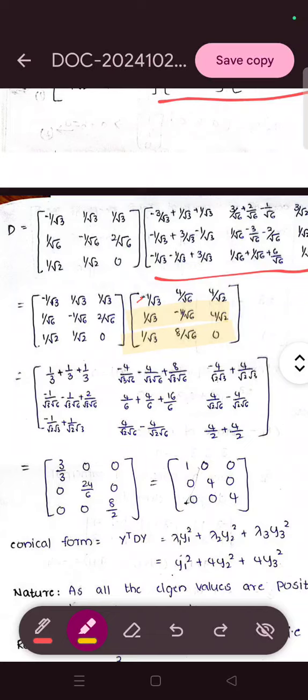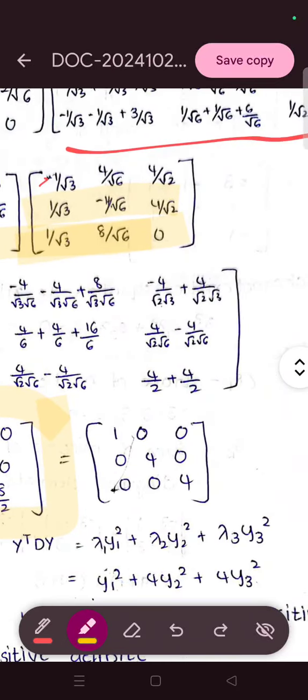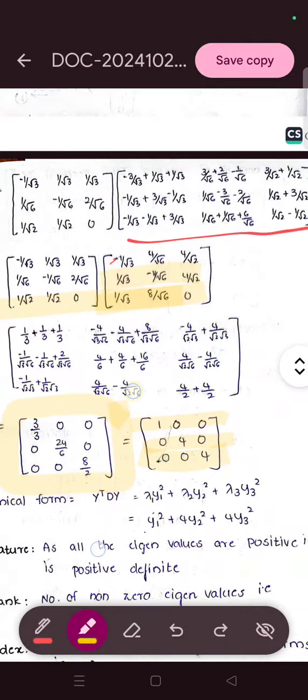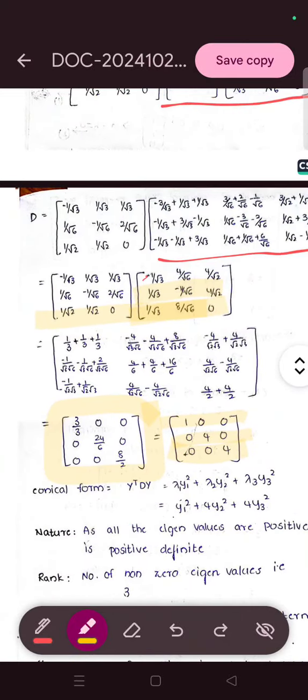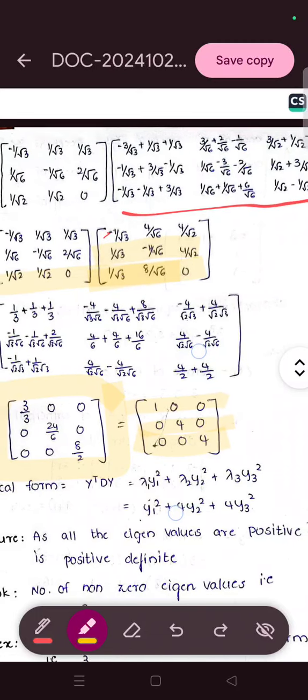So simply if we multiply these two matrices, we get this 3 by 3 matrix: 3, 0, 0, 0, 24 by 6, 0, 0, 0, 8 by 2. So simply we get the diagonal matrix 1, 0, 0, 0, 4, 0 and 0, 0, 4. Here the diagonal matrix capital D is the spectral matrix.